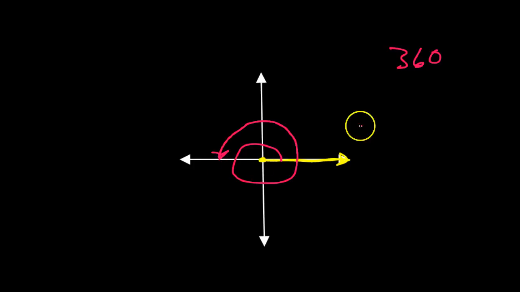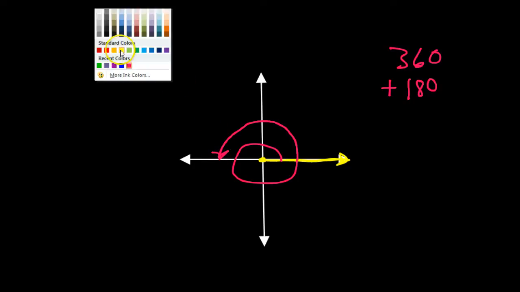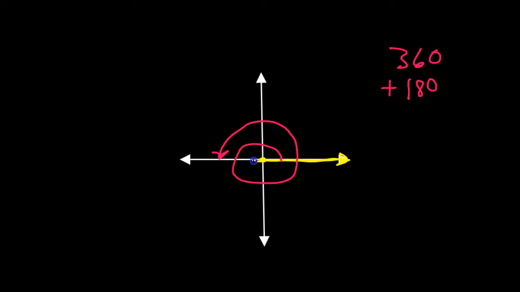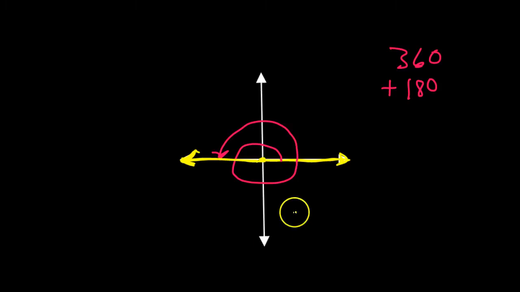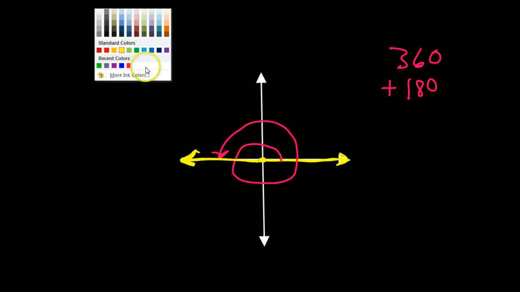So I'm going to end up here. That's going to be an extra 180 degrees for that extra half a rotation. And let me go ahead and draw my terminal side of the angle, which would be right here. Now 360 degrees plus 180 degrees is 540 degrees. So that is what we are looking at here.